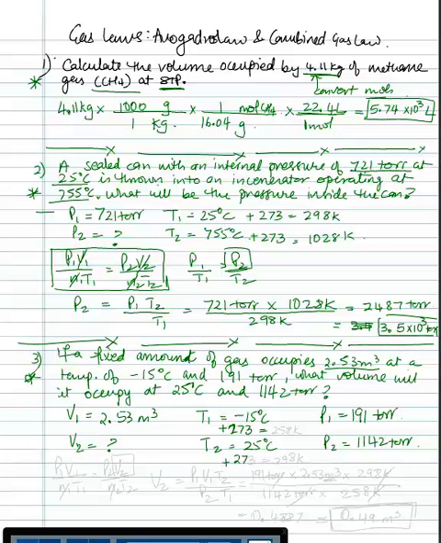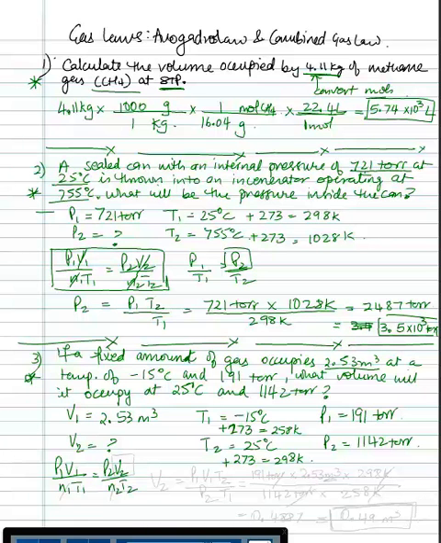So plus 273 for both, and the temperature for the first one is 258 Kelvin, and the second is 298 Kelvin. Then again we write our gas law, P1 V1 over N1 T1 equals P2 V2 over N2 T2.